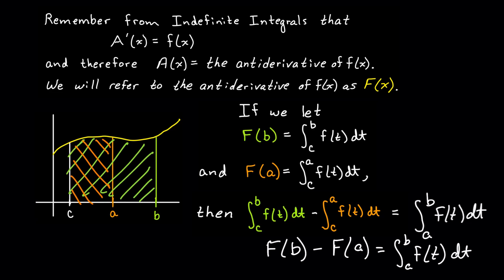All right, so what is this really telling us? This is telling us that if I want to find an integral between two values, which again just means the area between this x value and this x value, that's going to be equal to the antiderivative of the function evaluated at the upper limit, b, minus that antiderivative evaluated at the lower limit, a.